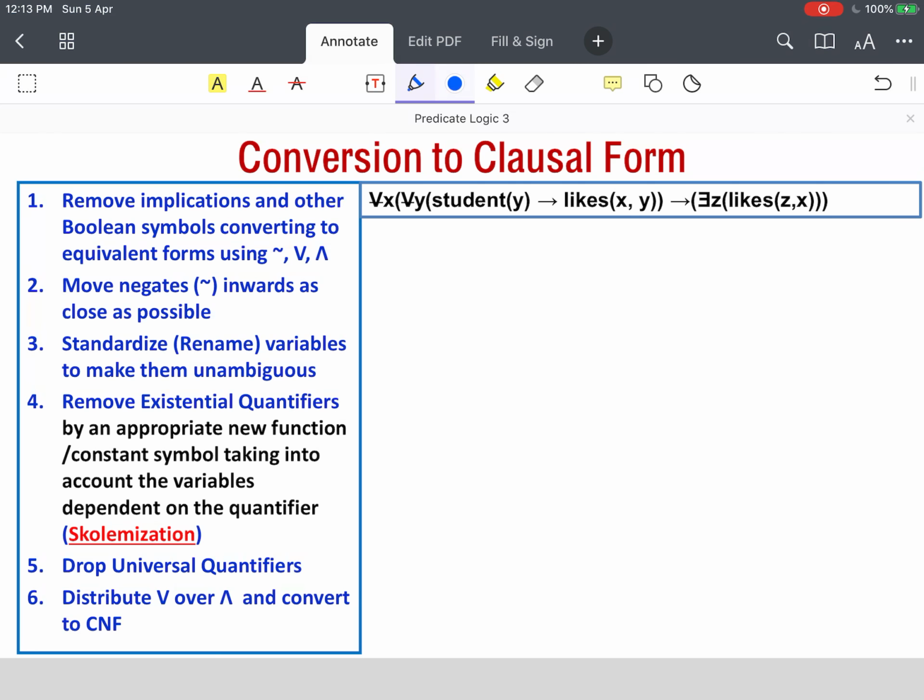The conversion to clausal form has these 6 steps. So let us look at this example by which we convert to clausal form. Let us first identify the brackets. For all x, this x actually looks at this x as well as this x.